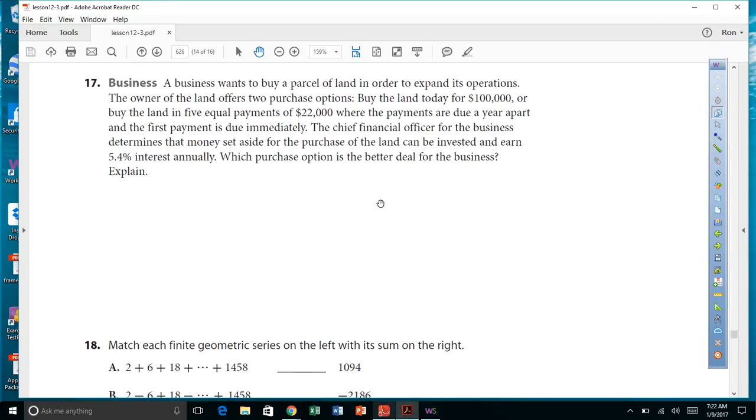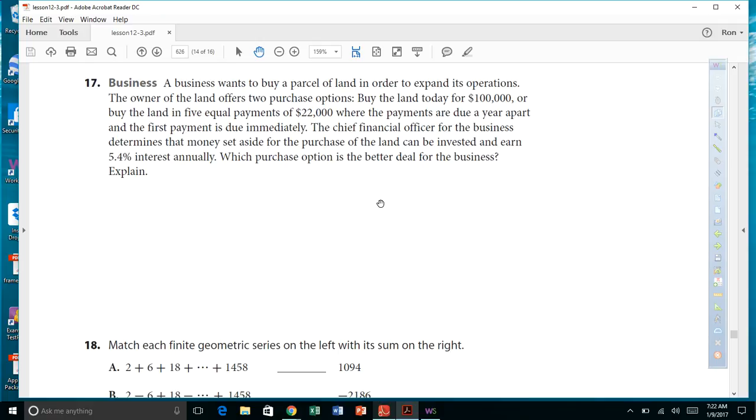A business wants to buy a parcel of land in order to expand its operations. The owner of the land offers two purchase options. Buy the land today for $100,000 or buy the land in 5 equal payments of $22,000, where the payments are due a year apart and the first payment is due immediately.